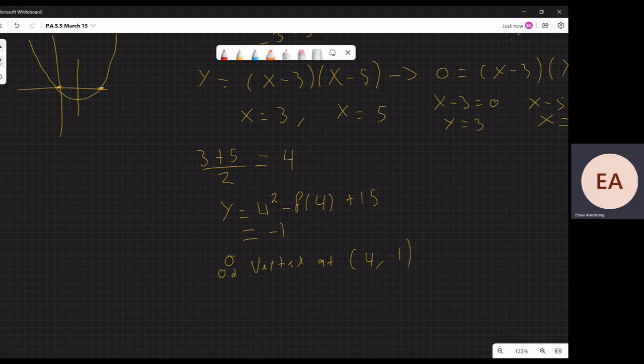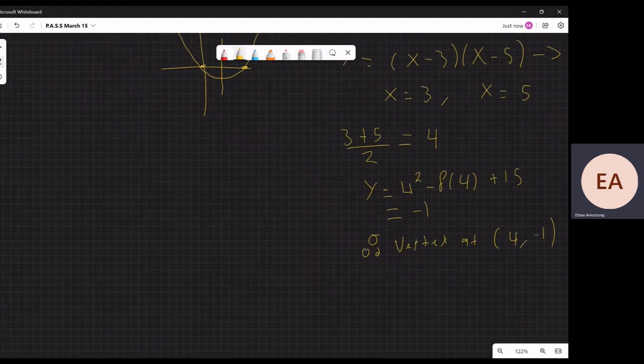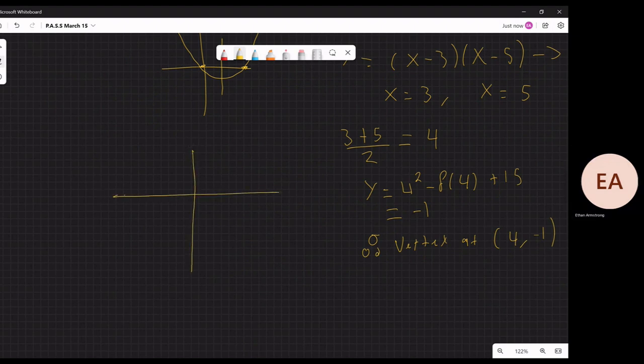And now we can graph our quadratic here. Each of these ticks will be 1.